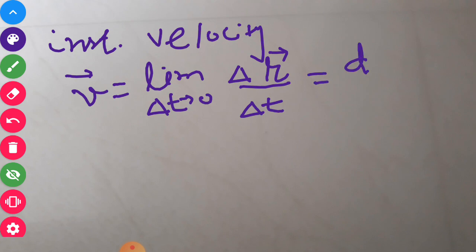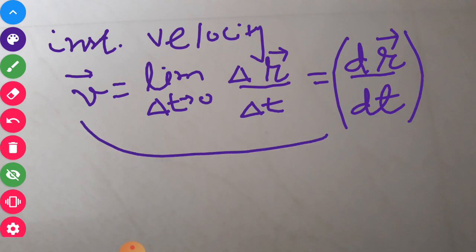So this can be symbolized as dr by dt. So the time rate of change of position gives you the instantaneous velocity.